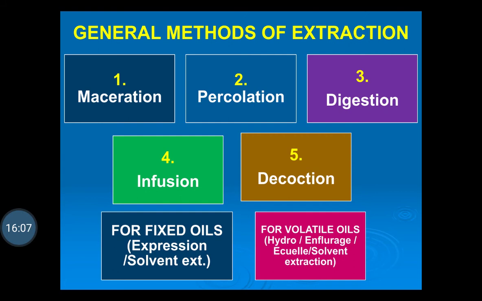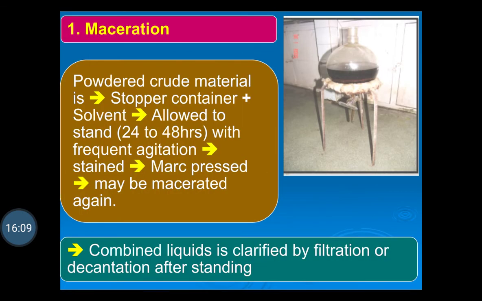So maceration is a common process which is used for the extraction of the active chemical constituents present in the crude drug. In this case, the powdered crude drug is placed in a stoppered container to which a selected solvent is added and allowed to stand for 24 to 48 hours, depending upon the active chemical constituents which are present, with frequent agitation.